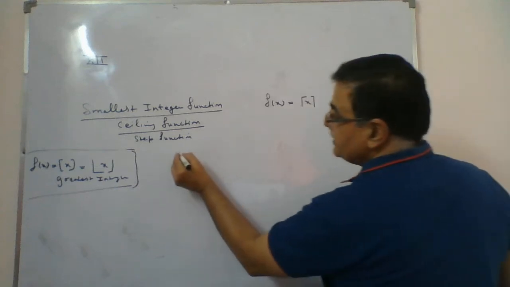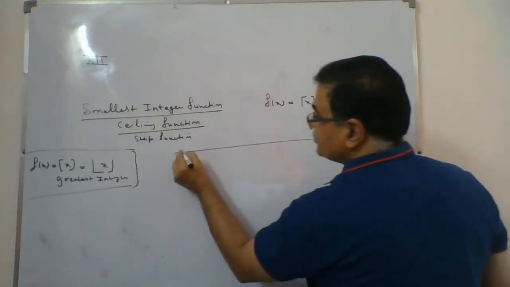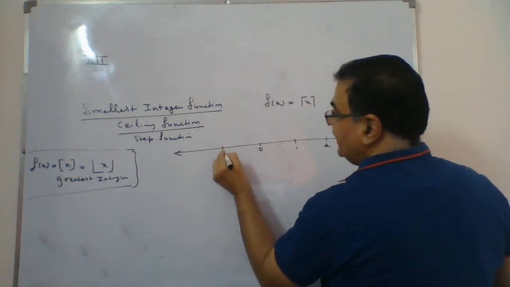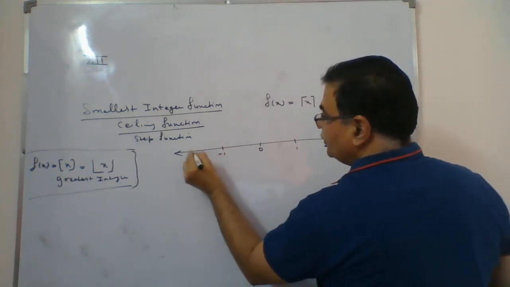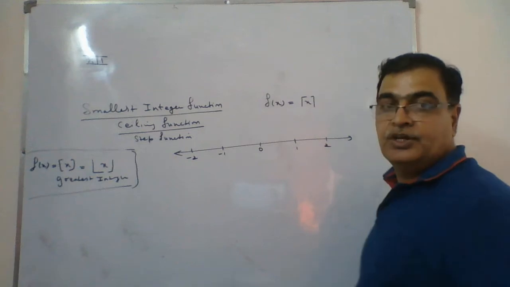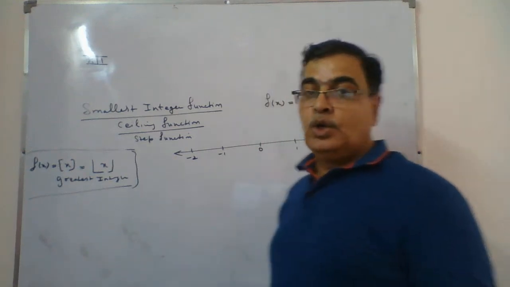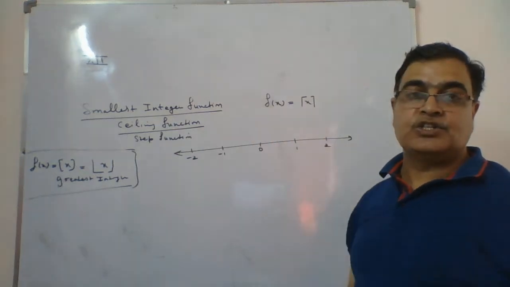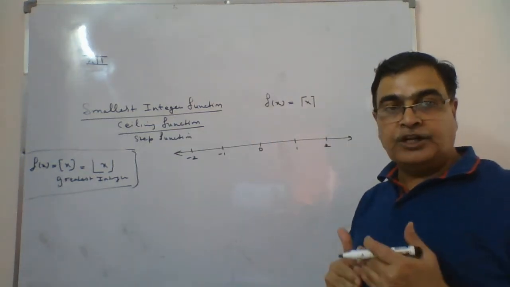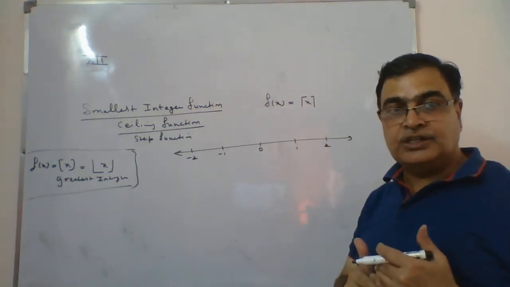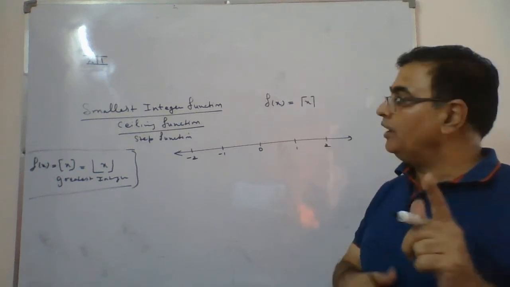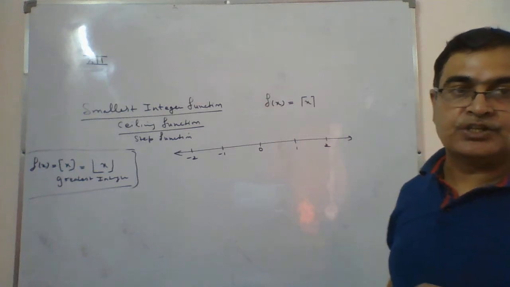Now what does this smallest integer function say? This function says that whatever real number you take, the smallest integer greater than this number will be the output.